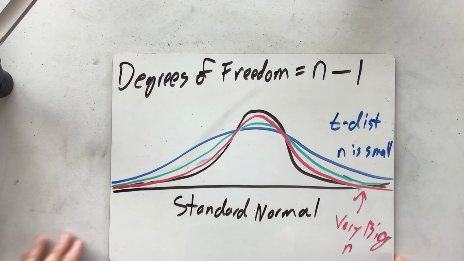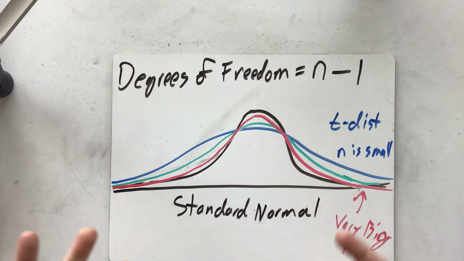There's a nice little story with the t-distribution that I think is worth telling. The t-distribution was created by a statistician that worked for a private company. And the private company, as private companies normally do, likes to keep all of their information, anything their employees learn or create, within their company.